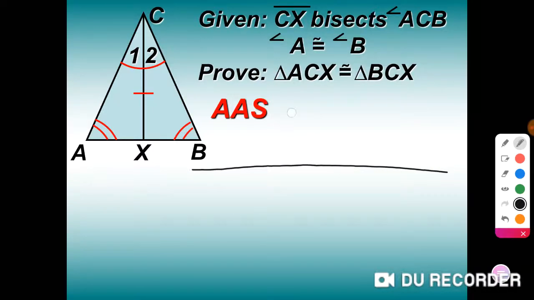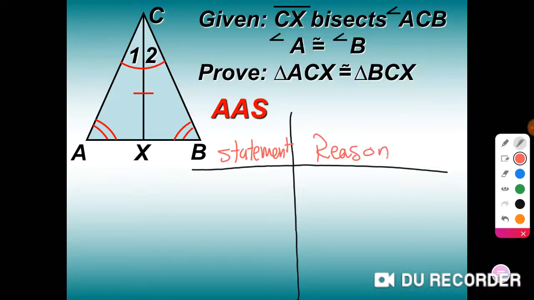Statement. Reason. So the first step will be for the given information, and the given information here is angle A is congruent to angle B. And what is the reason? It's given.